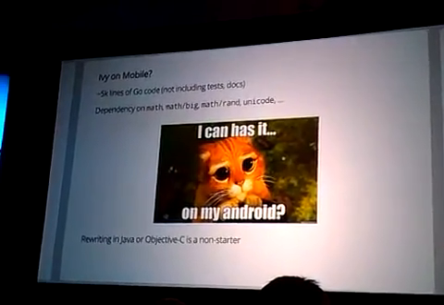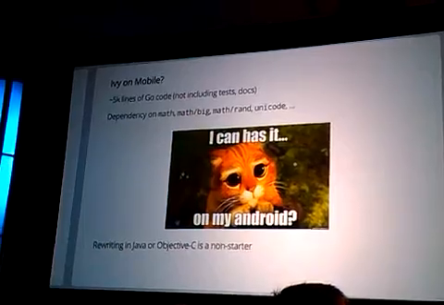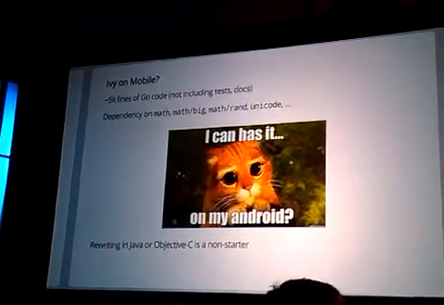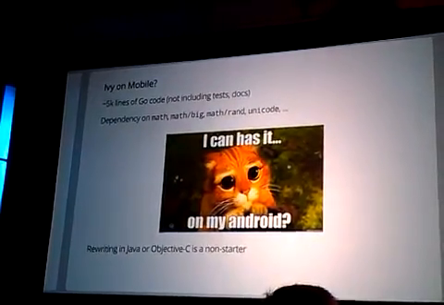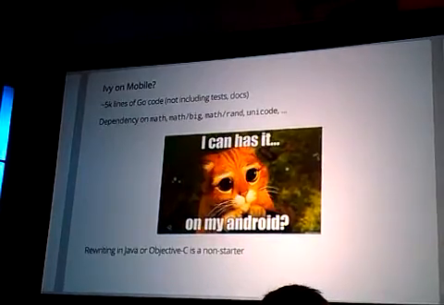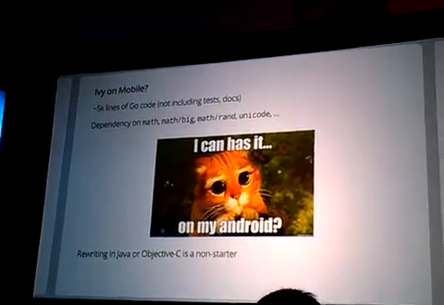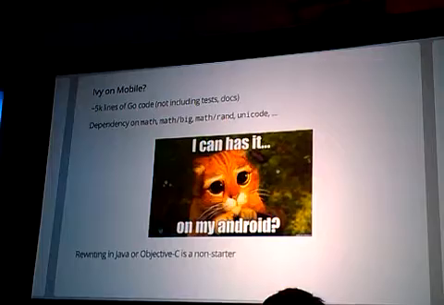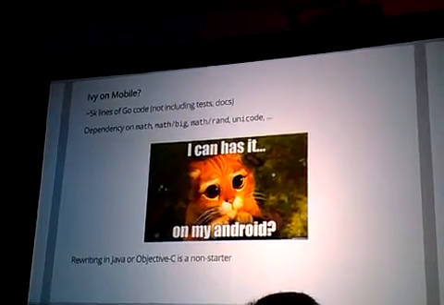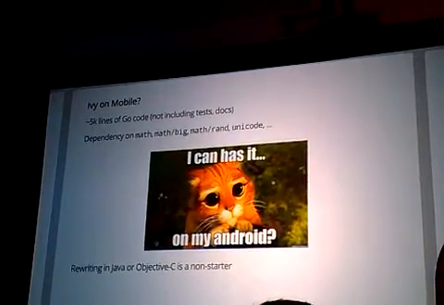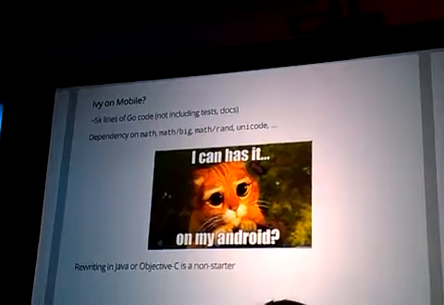No, it's 5,000 lines of code, excluding tests and documentation, and it also has dependencies on math, math/big, math/rand, and a variety of standard packages. I don't want to rewrite everything in Java or Objective-C from scratch.